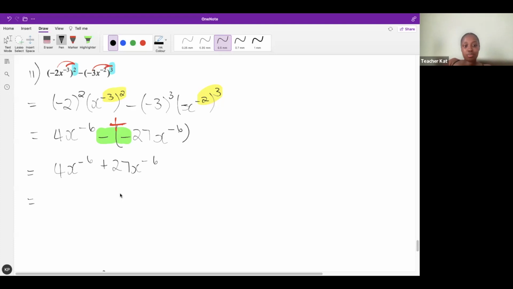So what's 4x to the power of -6 plus 27x to the power of -6? 31x to the power of -6. Are we done? No, we can still move my x. So my final answer is 31 over x to the power of 6.